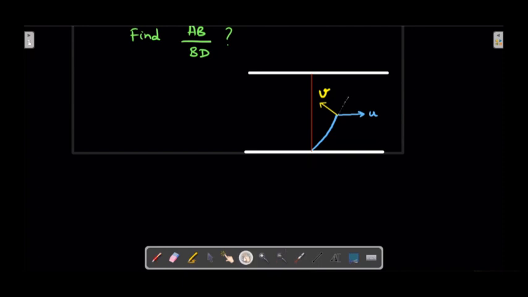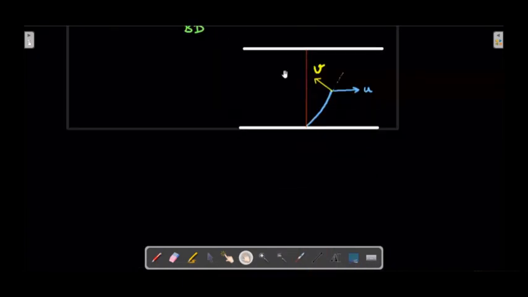Let me write those letters that you have: A, B, C, D. Okay, so this is A, this is B, and what is C? C is in the direction that he aims. So if I were to take that yellow vector and the direction in which he's aiming, extend it, that should be the position of C. Okay, I didn't draw it to scale. So BC, what's the value of BC?